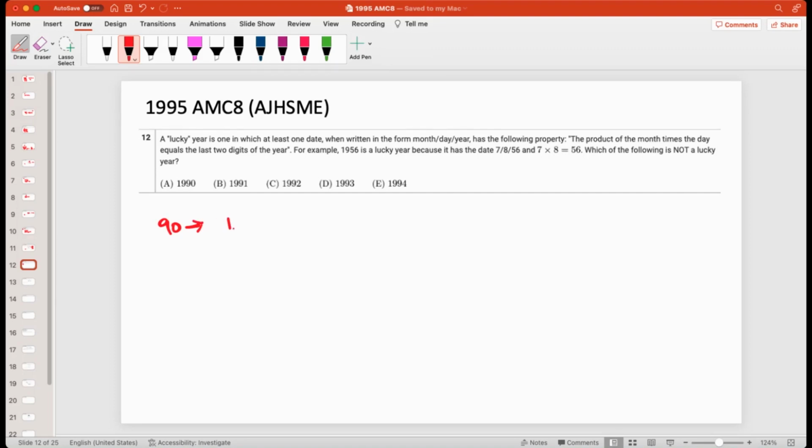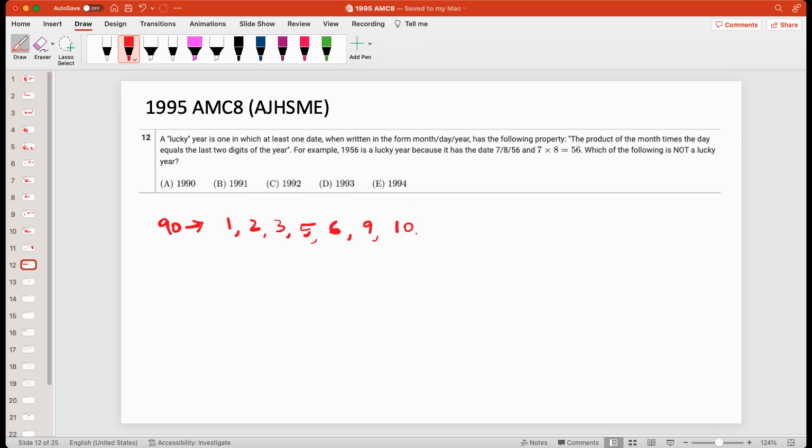So factors will be 1, 2, 3, 5, 6, 9, 10. I am going to use only the factors which fall below 12, because I have only 12 months in the year, and one of the numbers has to be within 12. So I have these factors.